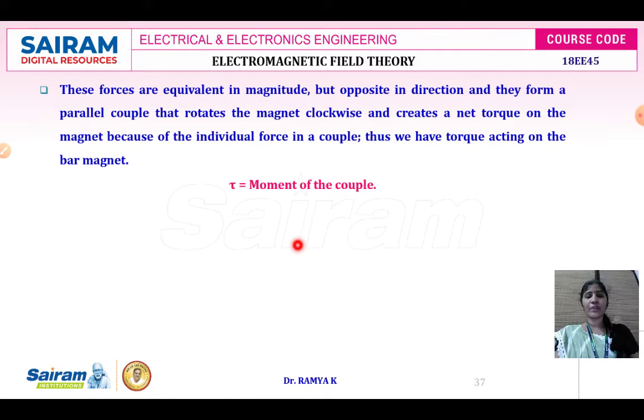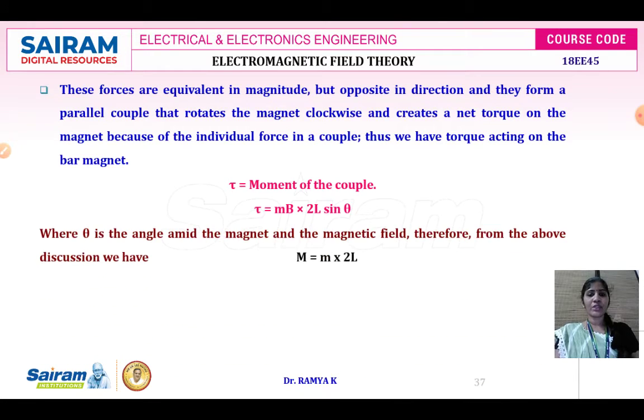The moment of the couple is given as tau, and the equation for the couple is mB into 2L sin theta. Here m is the pole strength, the dipole moment is M, and theta is the angle between the magnet and the magnetic field.